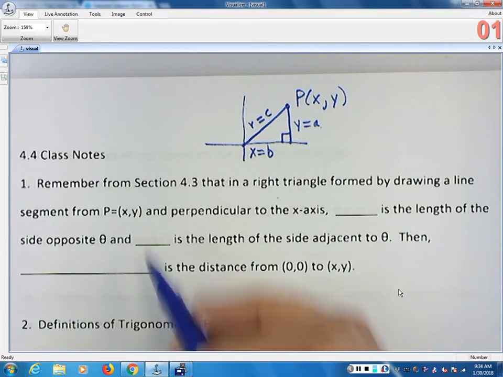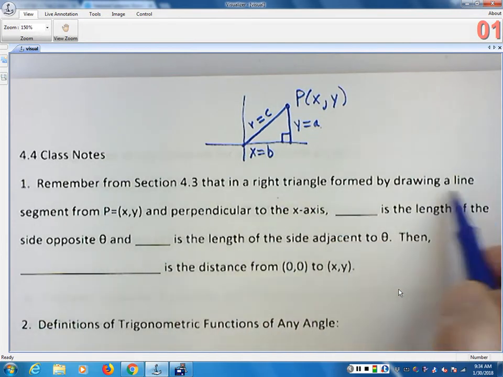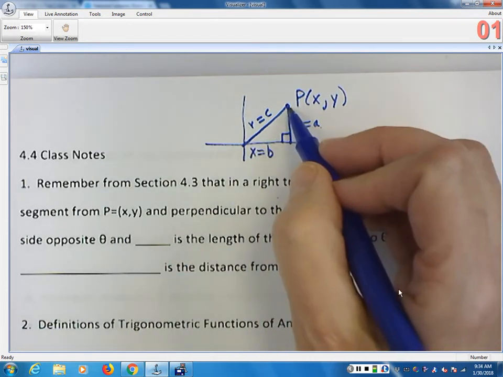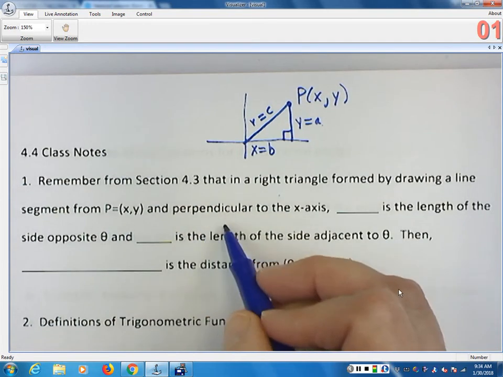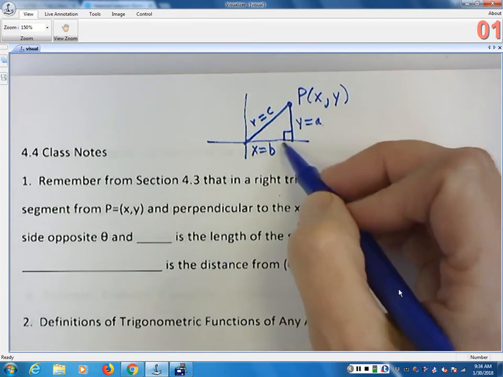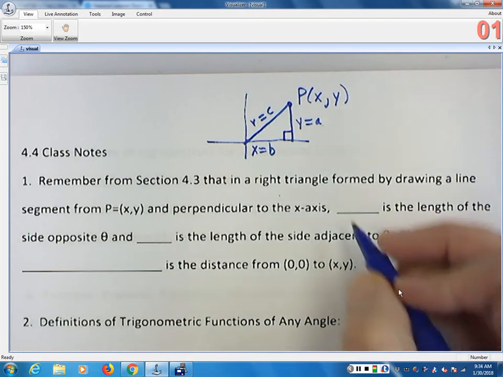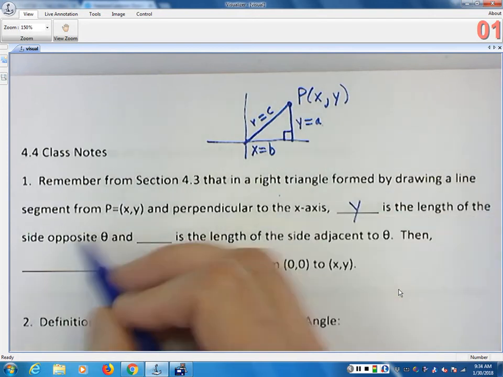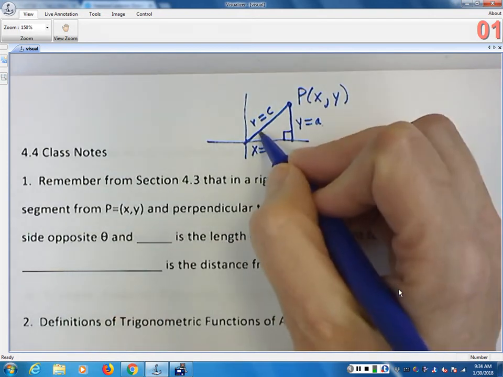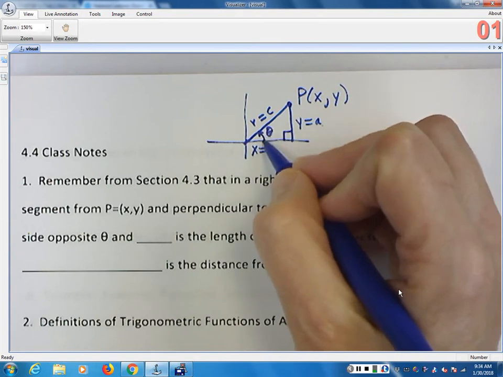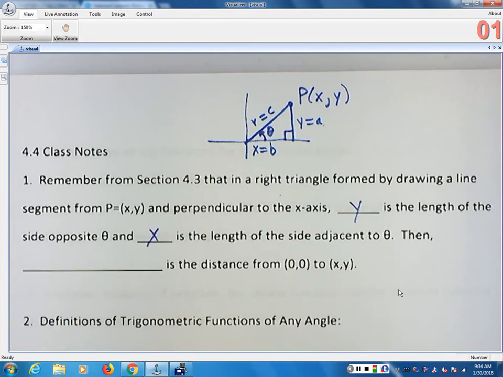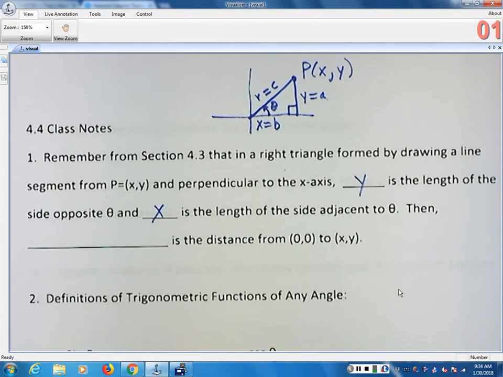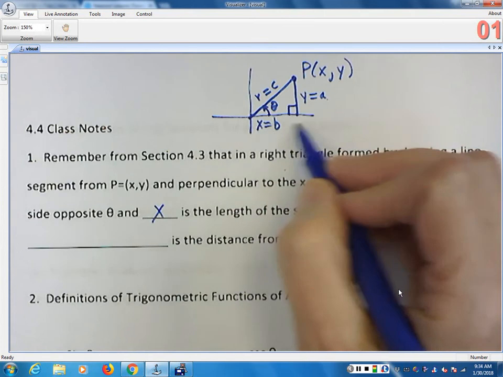So, from section 4.3, a right triangle formed by drawing a line segment to a point x, y is perpendicular to the x-axis, just like I've drawn here. y is the length of the side opposite theta, and x is the length of the side adjacent to theta, x, right here.